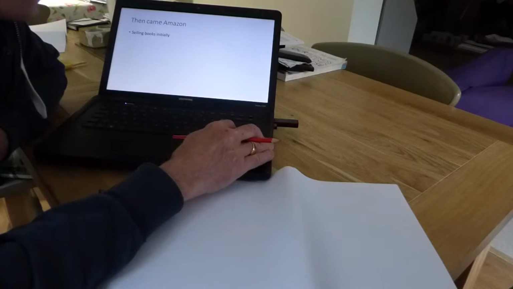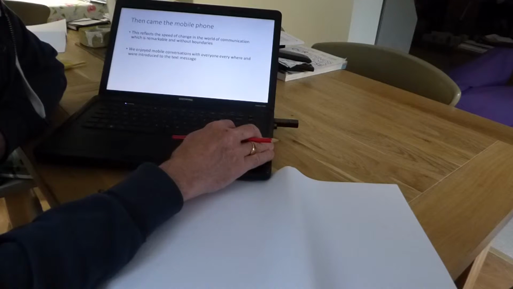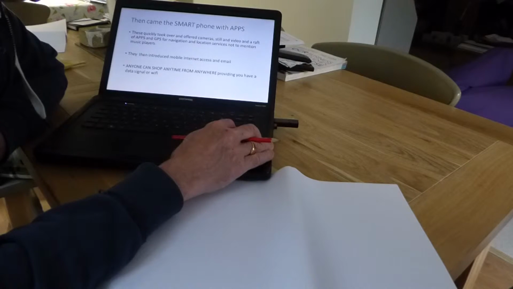Then, as you know, came Amazon about 10 years ago or more, and initially selling books, but now selling everything through their own supply chain and their marketplace. Then we had a search engine called Google that decided to take on the rest of the world, and then came mobile phones, initially just texting and making phone calls only, but then that was replaced finally with smartphones and the apps that followed.